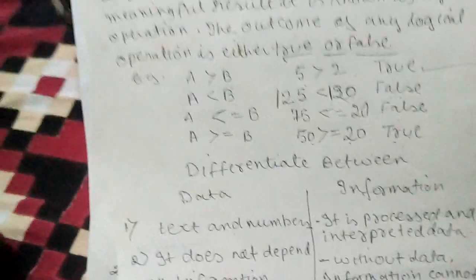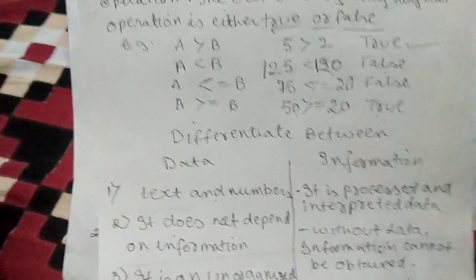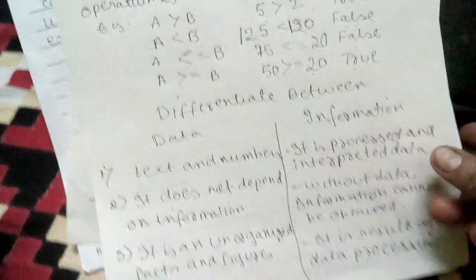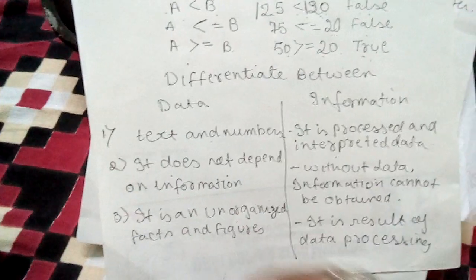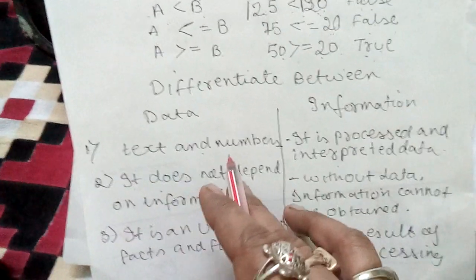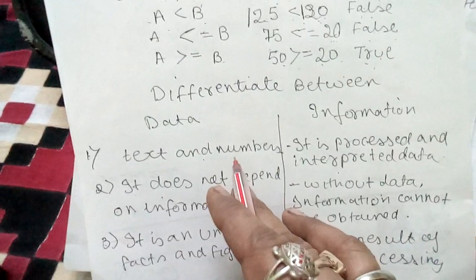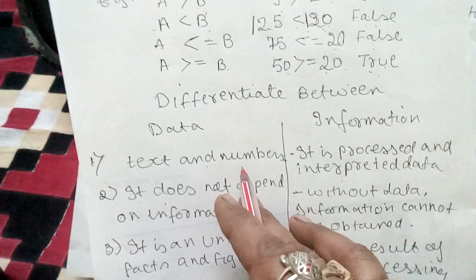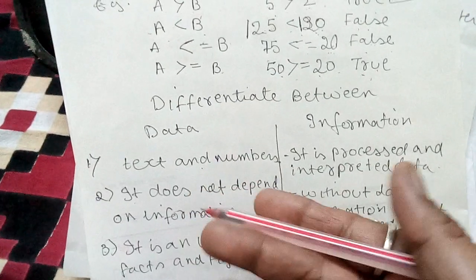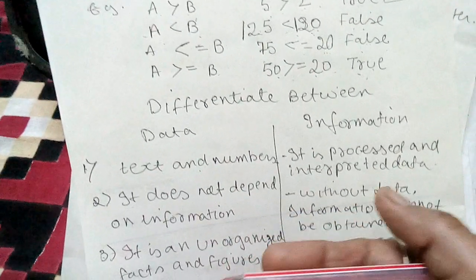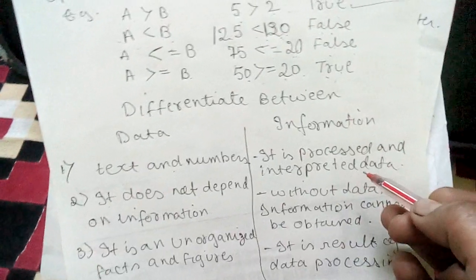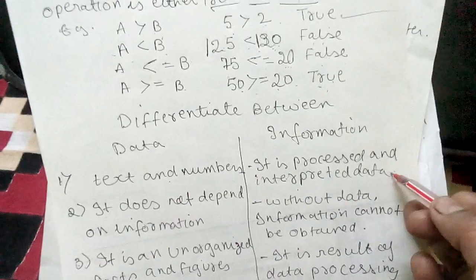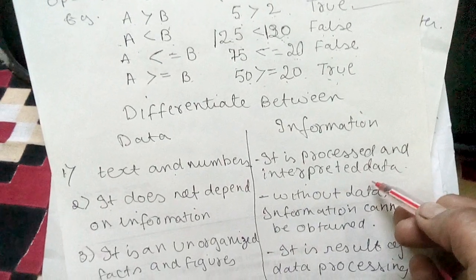Next, what is the difference between data and information? As I have already said, data is text and numbers. It can be text or it can be numbers. Text can be alphabets, words, and numbers 1, 2, 3, 4. Information is processed and interpreted data.